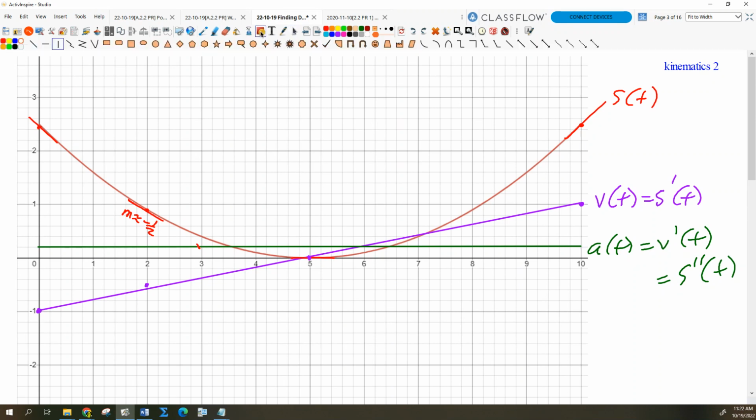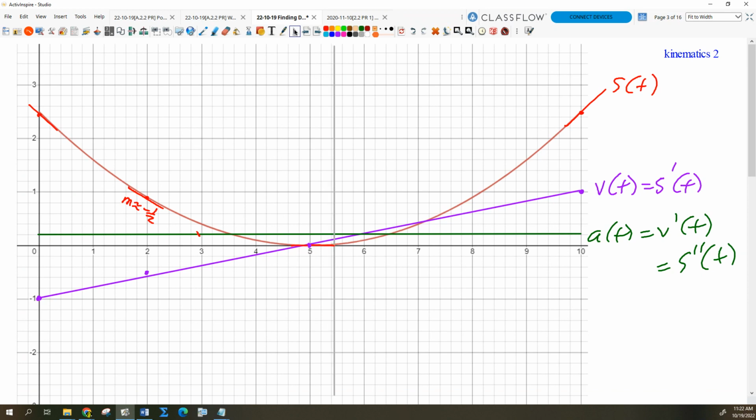So if I pick a value of t, here's a way to show that. If I drag this vertical line across, when t equals 10, what's the slope of the red curve there? Because that's the position function. I'm just estimating that slope is positive 1. I'm going to rise by 1 and run by 1 on that tangent line. Does that make sense? Yeah, I was trying to look for the rise over run and it just wasn't making sense.